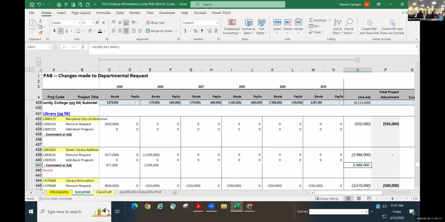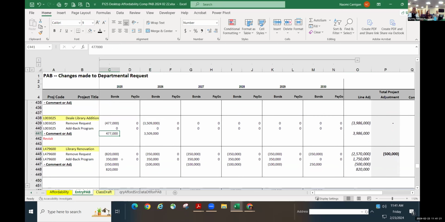That's one option. Sorry, we really are getting to the difficult point here. Can we keep the design in it? Has there been any design work? Can we keep the 477,000 in? Let me just check something here. What about the Brooklyn Library? Could we move that to library project planning, David?